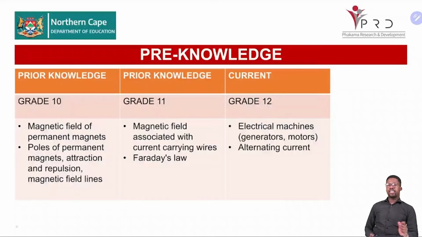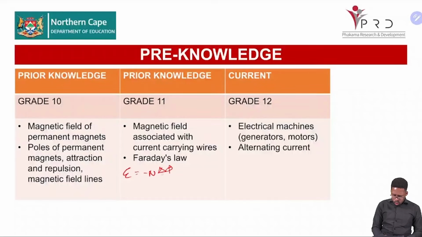Furthermore, you did electromagnetism in grade 11, where you looked at Faraday's law, because this law is very important to the topic that we are revising today. Faraday's law, where you express the formula as EMF equals negative N times the rate of change of magnetic flux through it.